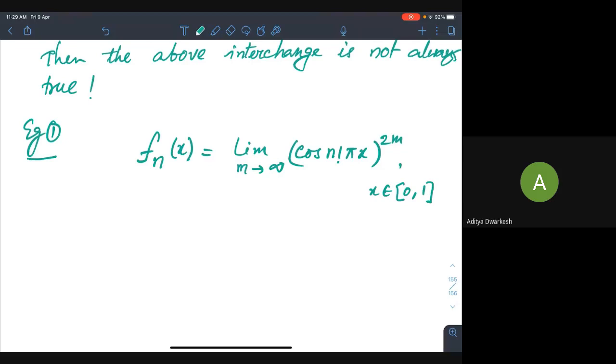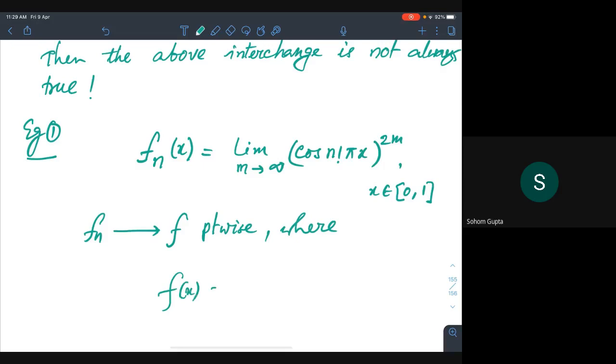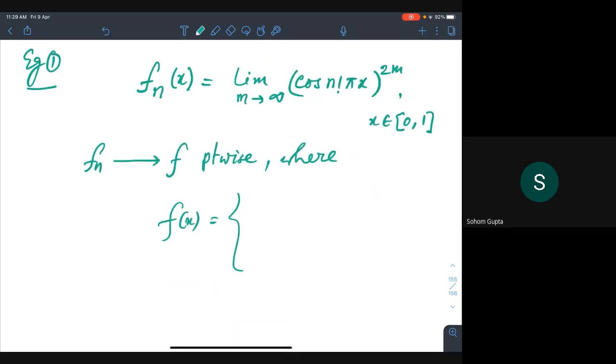Yes. So Fn converges to F pointwise, where F(x) is 0 when x is irrational, and 1 when x is rational.